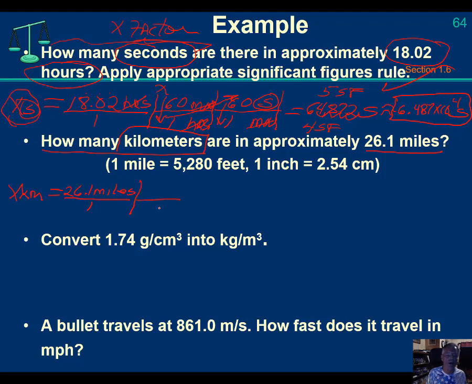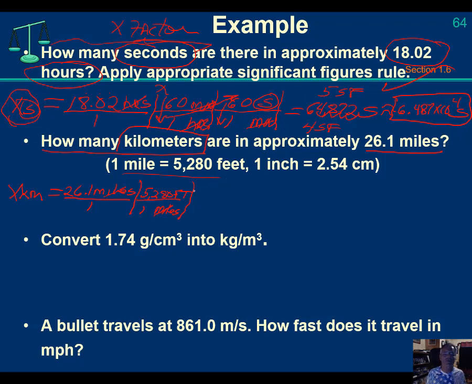Miles is in the numerator, so I want miles in the denominator. And I can go from miles to feet using this conversion factor. So this is going to be feet. Miles is the larger unit, and I've got 5,280 feet in 1 mile. When I multiply across, that allows miles to be canceled, and I wind up with feet.